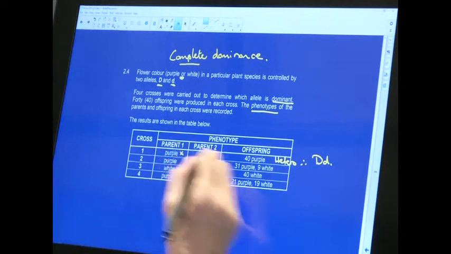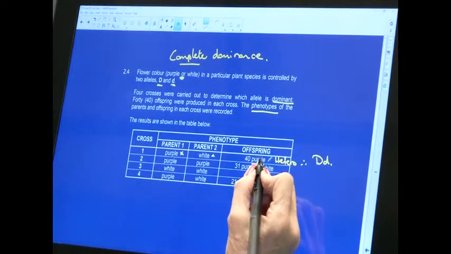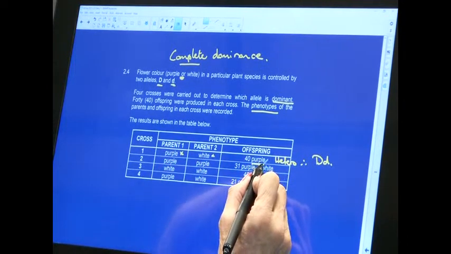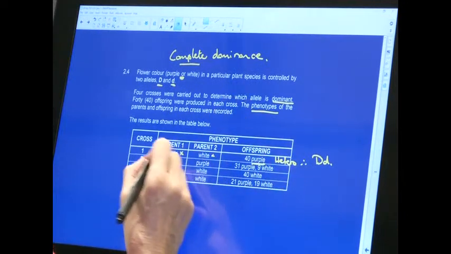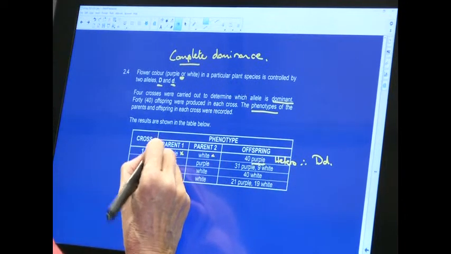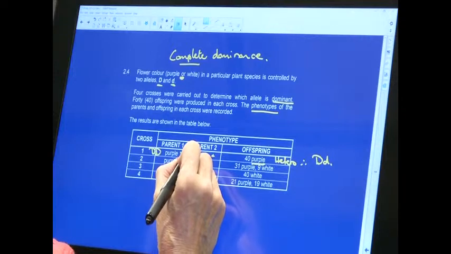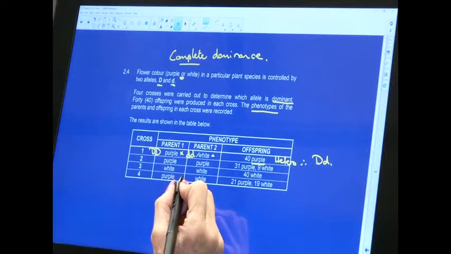Which means, and the fact that they are all purple, based on Mendel's Law of dominance, this purple has to be DD, and the white is going to be recessive, lowercase d, lowercase d.